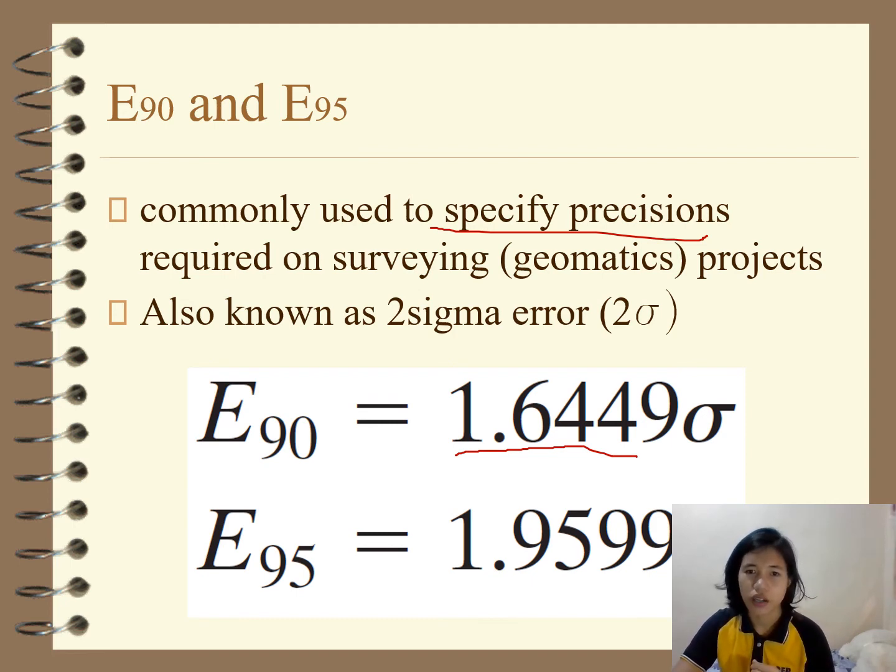If your survey falls within this E90%, it means your survey is still precise. Your E95 is also known as the 2 sigma error, computed as 1.9599 multiplied by your sigma error.